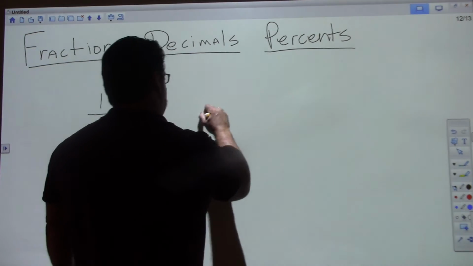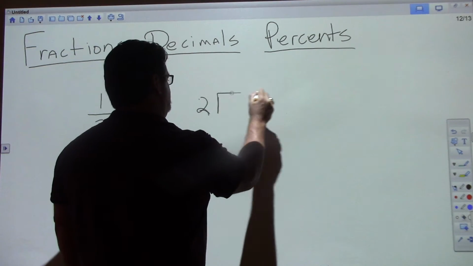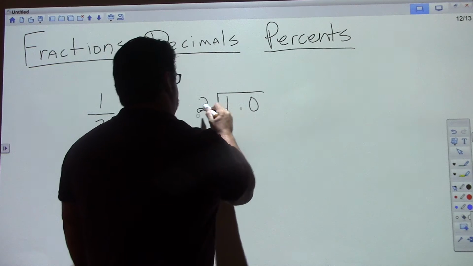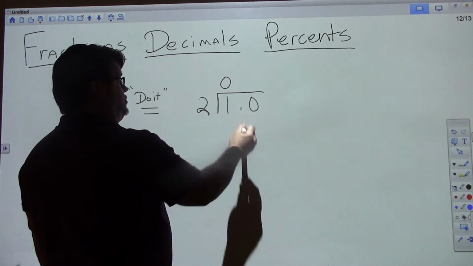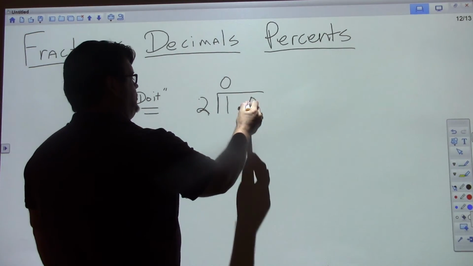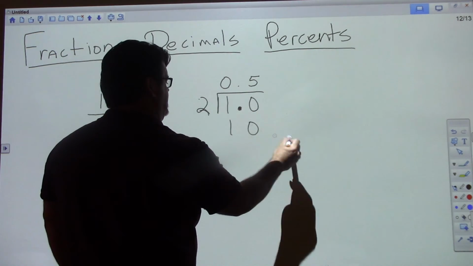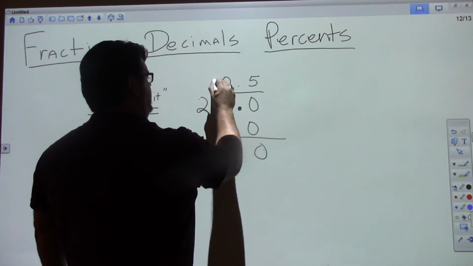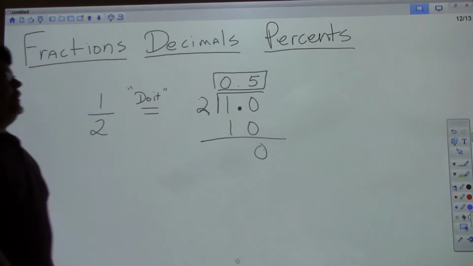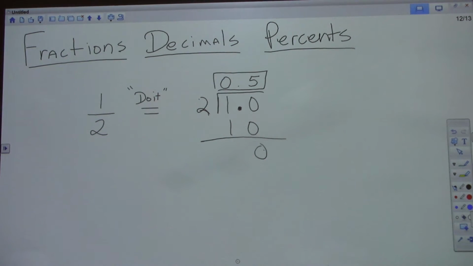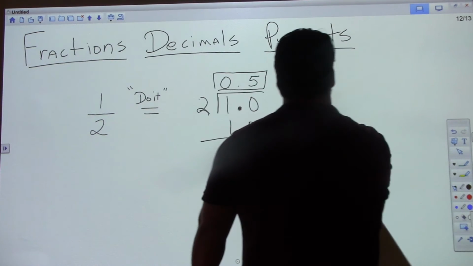So you do 2 into 1. 2 will not go into 1, so you put a decimal and add a 0. 2 will go into 10 5 times. 5 times 2 is 10, 0 remainder. So 0.5 is your answer. And of course that's elementary, and y'all remember that from wherever you learned it.